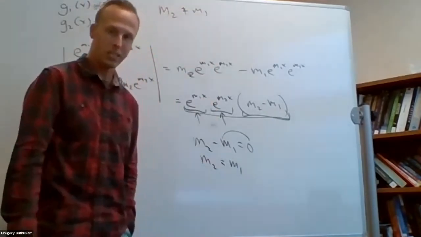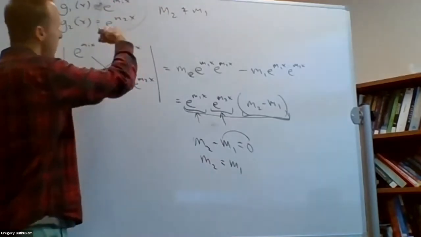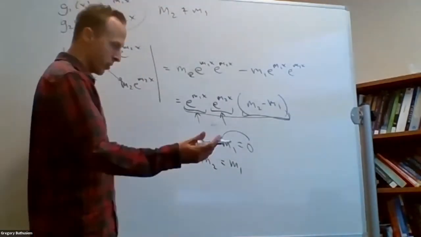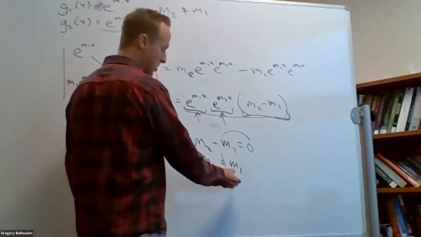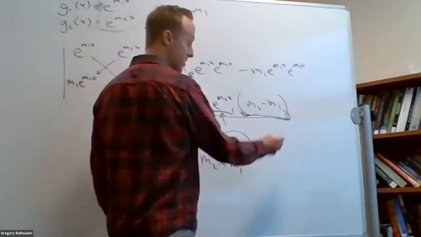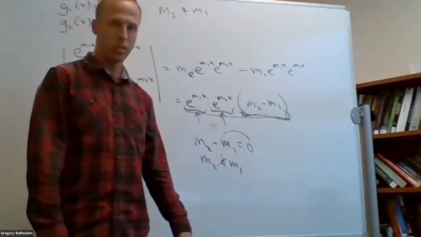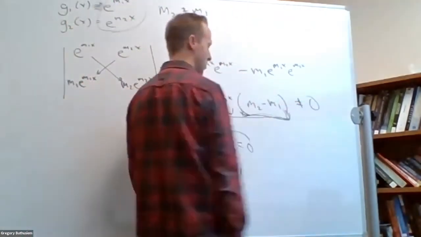We're not looking at that scenario because if m1 and m2 were the same, these would be the same function, and of course they could be a linear combination of each other, so that it zeroes itself out. So basically, this doesn't happen, and this never equals 0. If none of these ever equal 0, then by default the product could never equal 0.